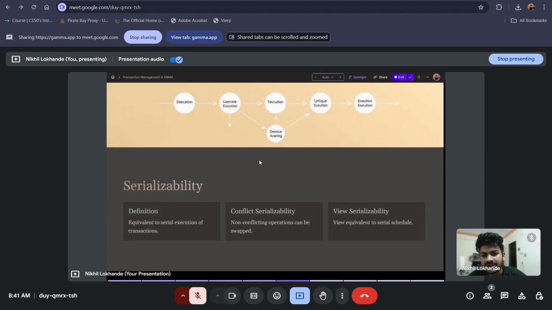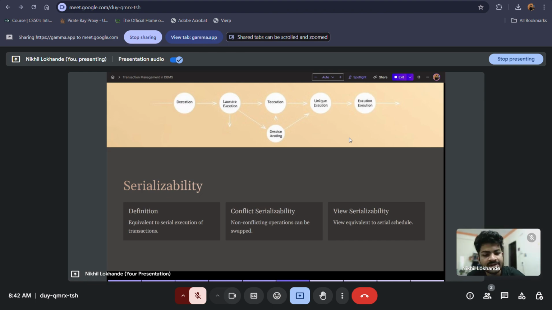Let us move forward to serializability. To understand what serializability is, we should learn its definition. Serializability is equivalent to serial execution of transactions. So serializability means executing the transactions serially, one by one.